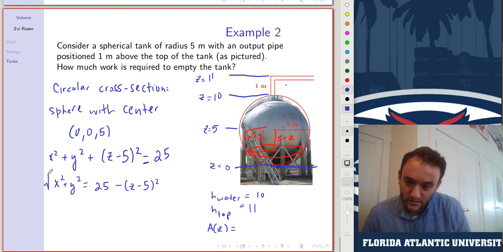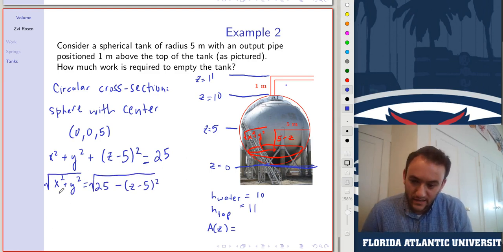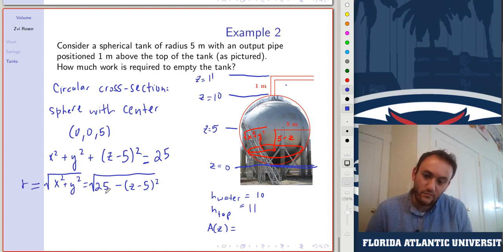Taking the square root of both sides, the radius is the square root of 25 minus (z minus 5) squared. You'll notice that at z equals 0 or z equals 10, this radius is 0, which lines up with what we see, because you have just a point there instead of a circular cross-section. And at z equals 5, you have a radius of 5, which also lines up with what we see.